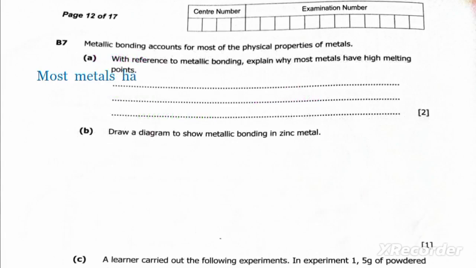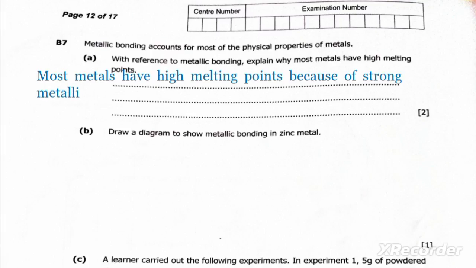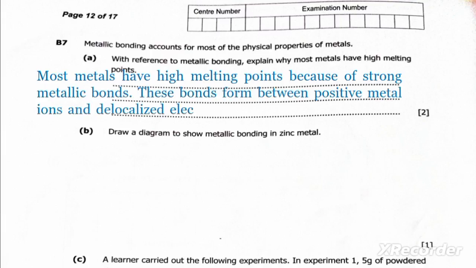So therefore, we are going to say most metals have high melting points because of strong metallic bonds. These bonds are formed between positive metal ions and delocalized electrons, and they need a lot of energy to be broken down. We move to B.